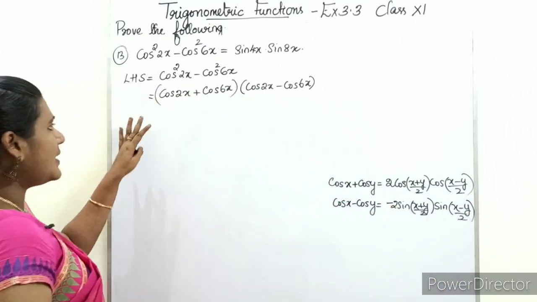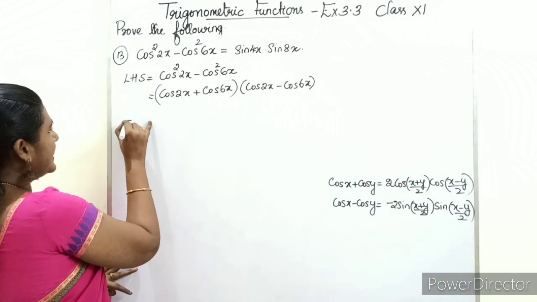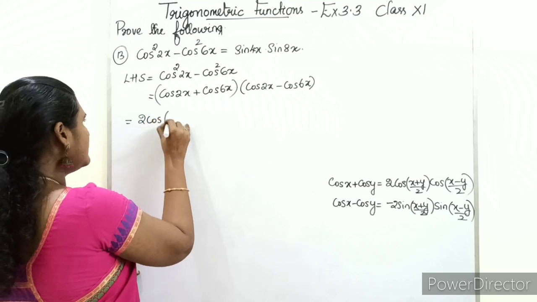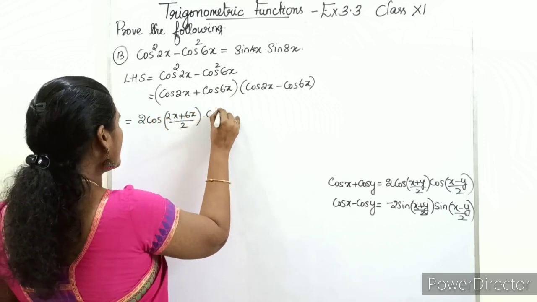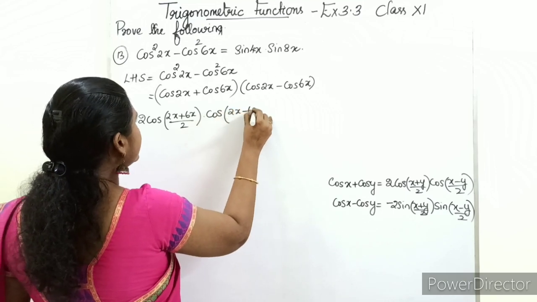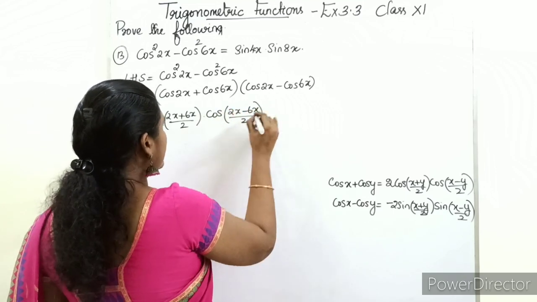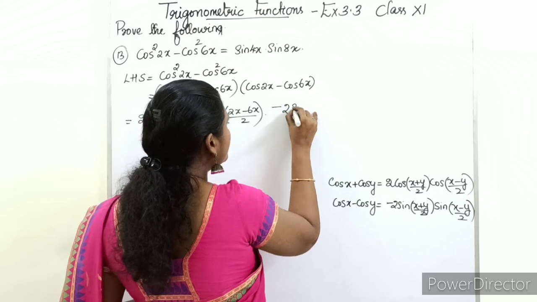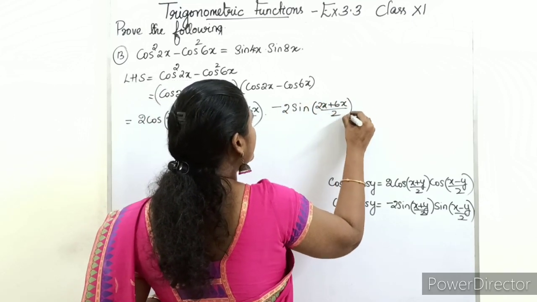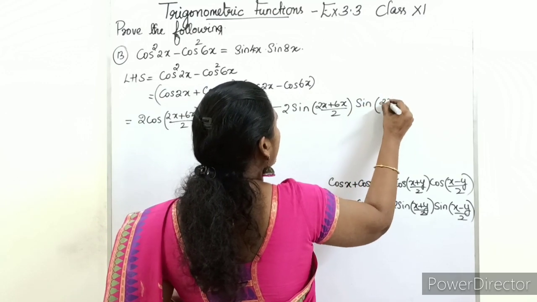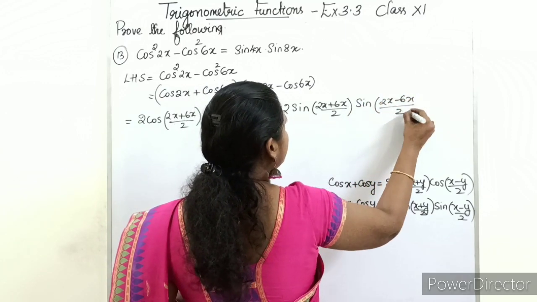Using these two formulas we will simplify this: 2 cos (2x+6x)/2 into cos (2x−6x)/2, and similarly minus 2 sin (2x+6x)/2 into sin (2x−6x)/2.